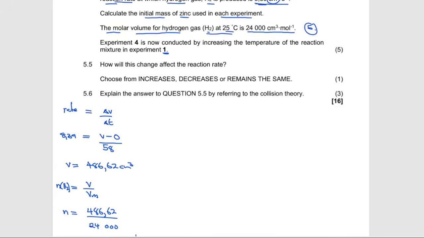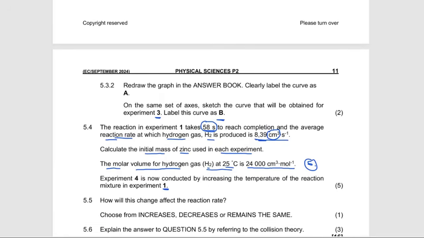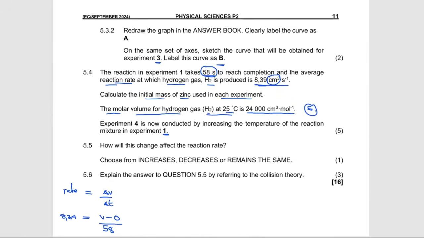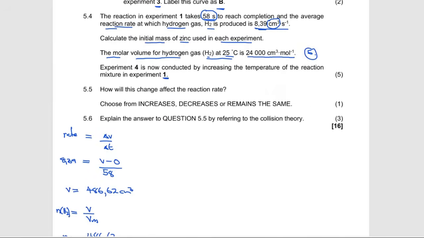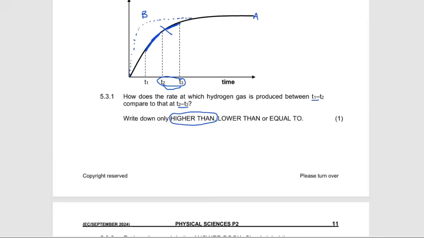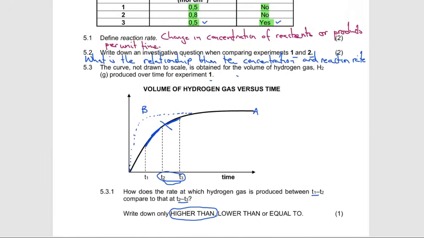Then according to our balanced equation at the top, it wasn't given, so in terms of the balanced equation, I can say the number of moles between this zinc and this hydrogen, n of Zn is to the number of moles of what?